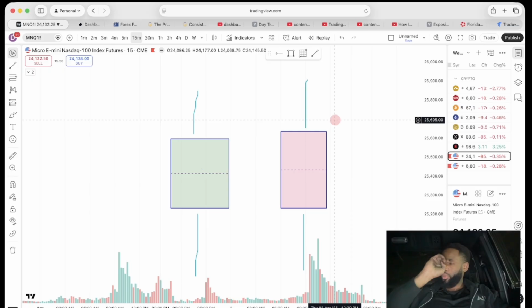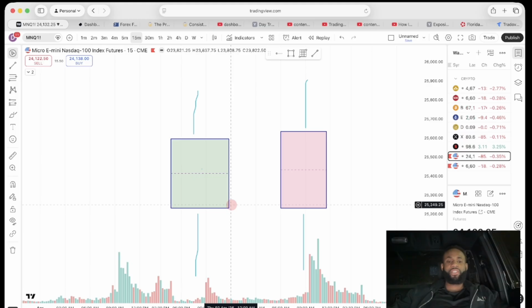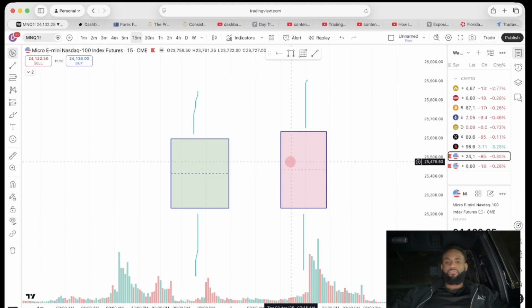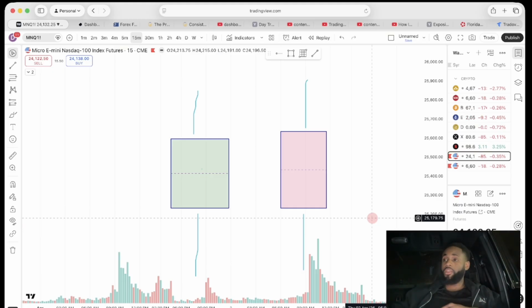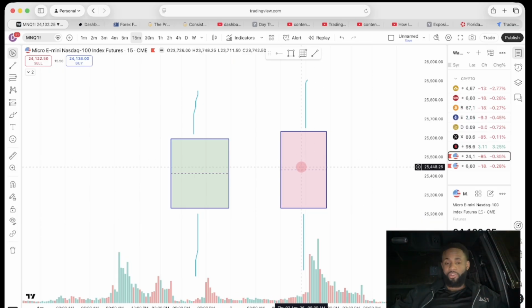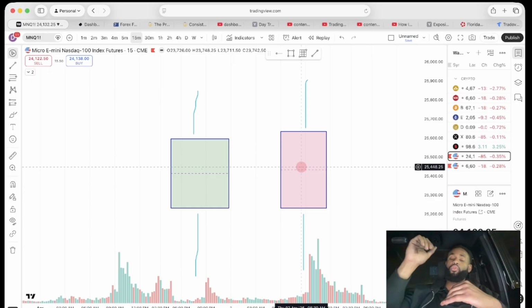When I say bullish, this represents an up candle, and red represents a down candle. So there are two types of candles when we're talking about day trading: the up candle and the down candle. The up candle is how we know that price is moving up. The down candle is how we know that price is moving down.